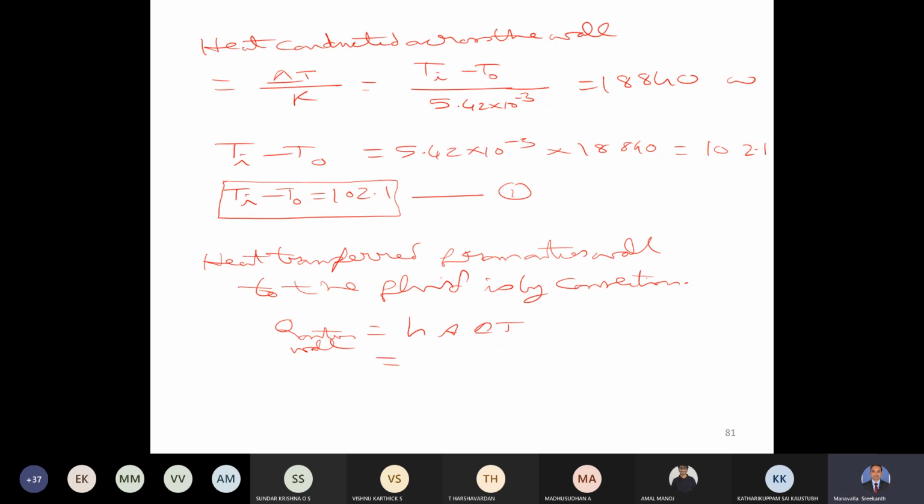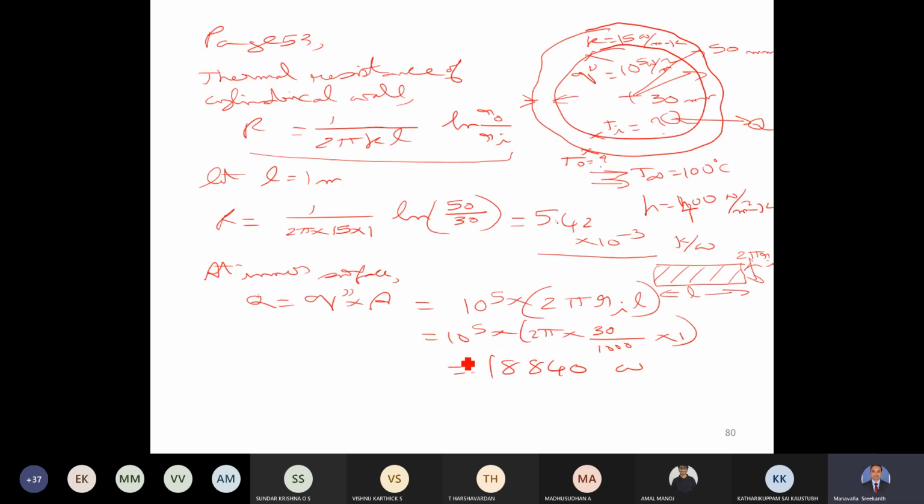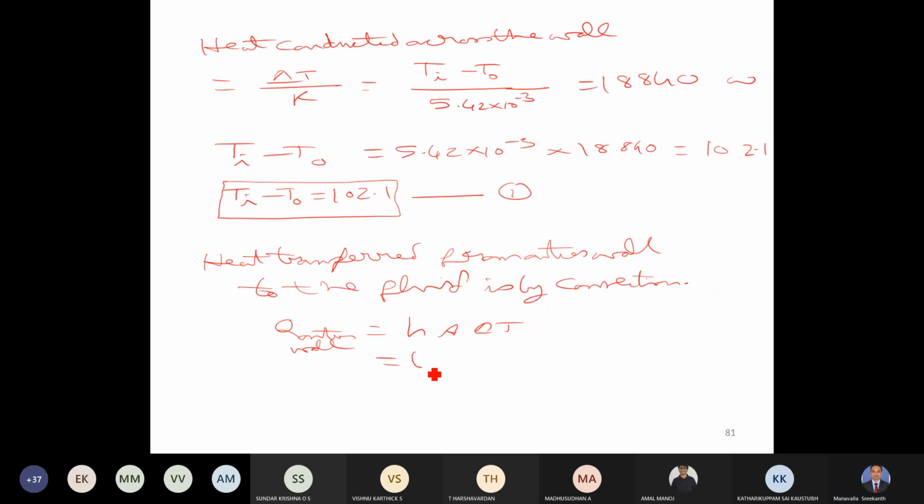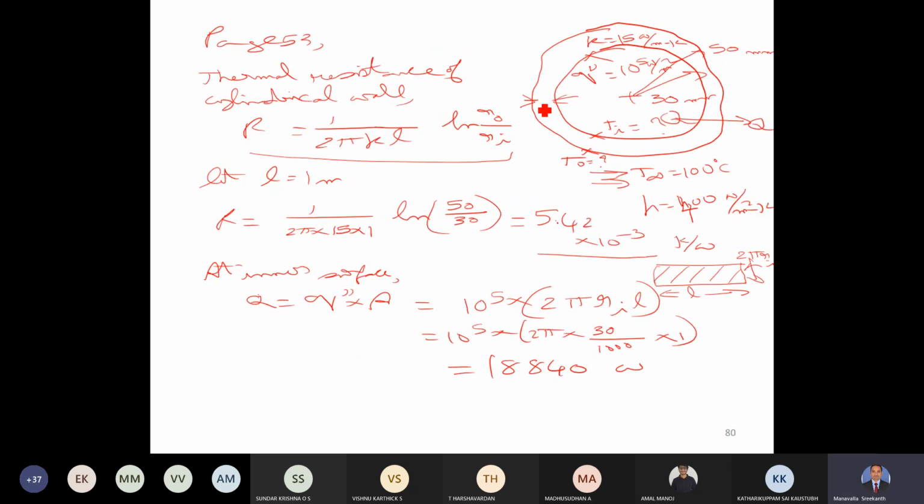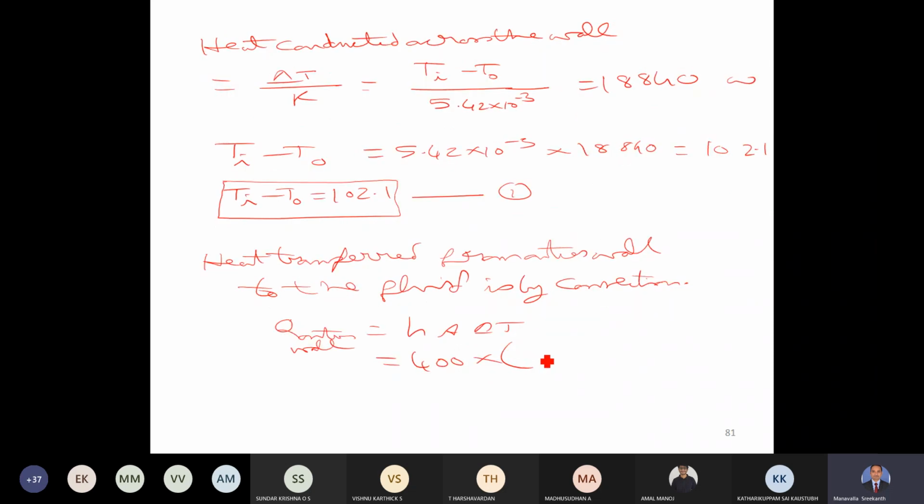What is the value of H? H is given as 400 multiplied by what is the area on the outer wall? Outer wall area. Again, this same figure applies, but the length is the same, but this width will be, instead of 2 pi Ri, it will be 2 pi Ro. So the area will be 2 pi R outer multiplied by length.